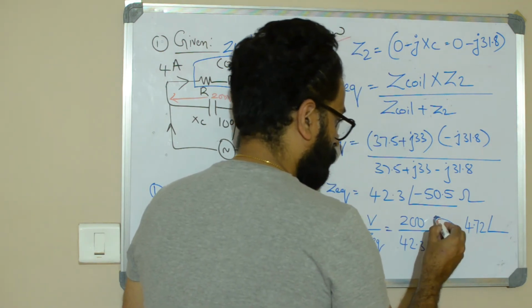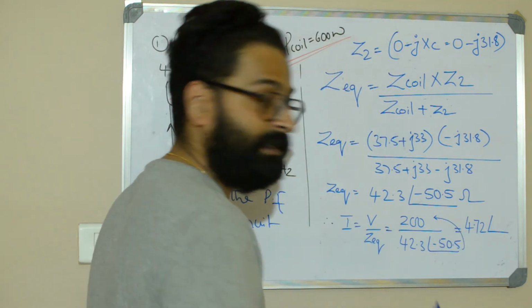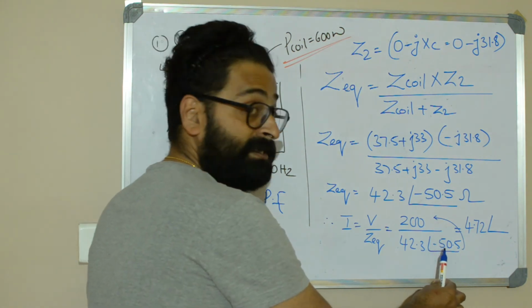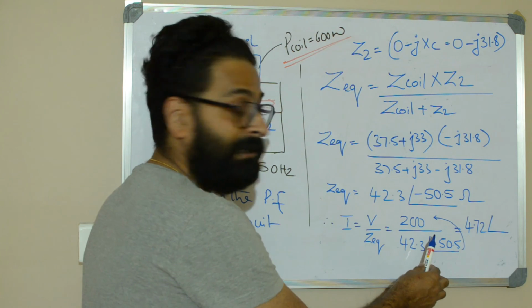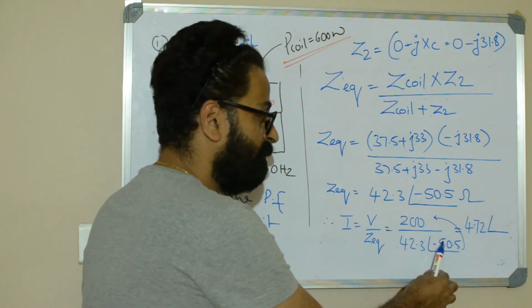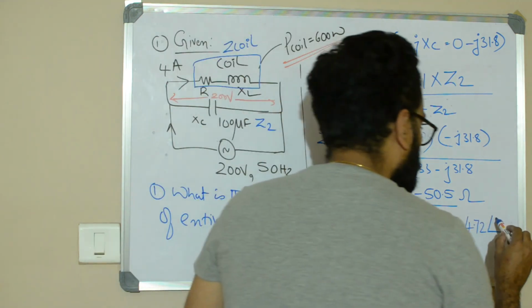This angle in the denominator goes to the numerator, so the net angle is numerator angle minus denominator angle. The numerator angle is 0 degrees, hence the net angle becomes 0 minus minus 50.5, that is plus 50.5.